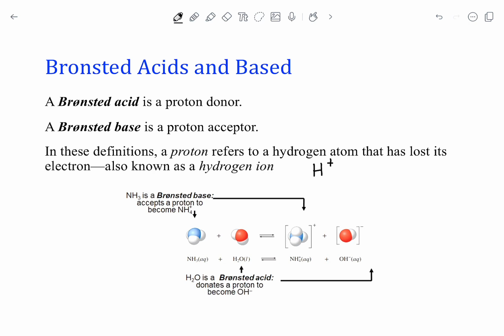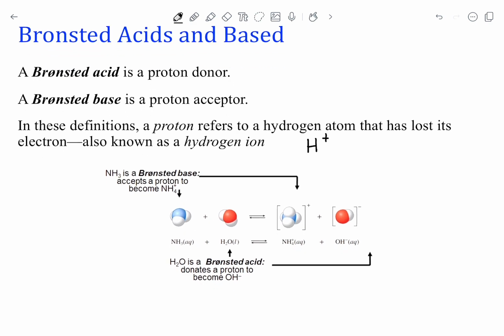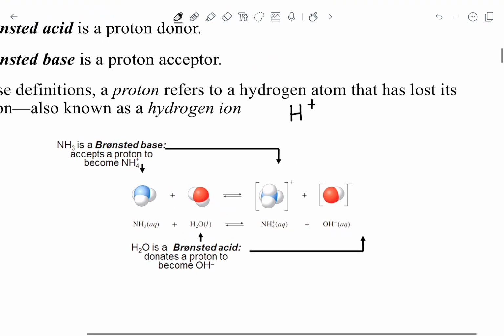Here's an example of a Bronsted acid and Bronsted base in action. So we have NH3, ammonia, reacting with water, H2O, creating NH4+ and OH-. Here, NH3 is acting as the Bronsted base, because it is transforming on the reactant side from NH3 into NH4+.